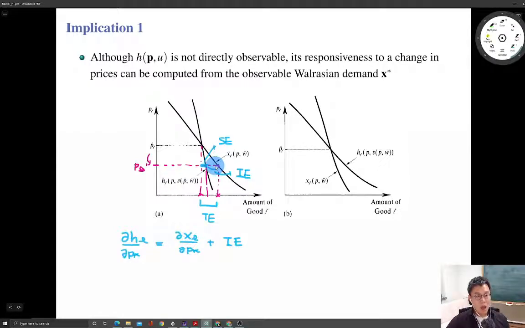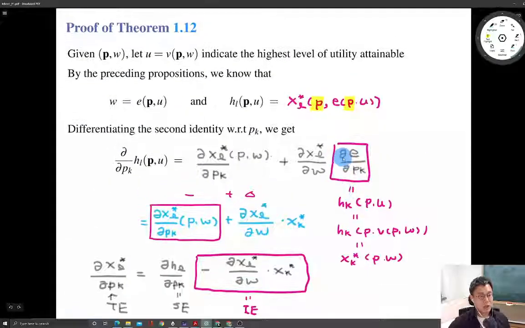And the next figure describes the situation of an inferior good. An inferior good indicates that the demand for that good and income are now moving in opposite directions. So in terms of the derivative, the sign of this derivative is now negative. So we have a negative value here, and then we subtract away another negative value from this effect, so that we can see that Hicksian demand is more elastic in response to a change in price.